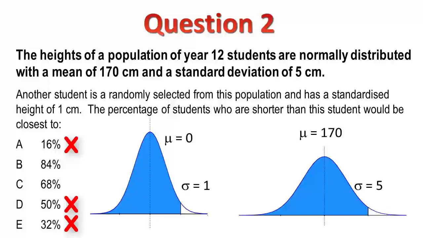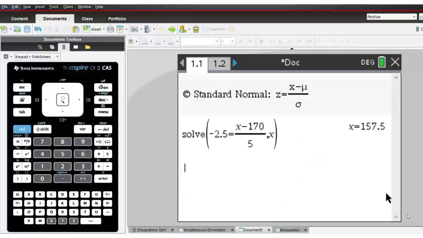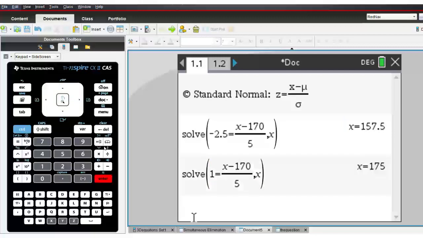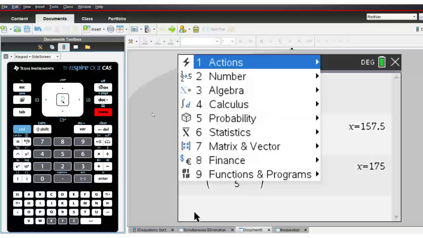Now there's a couple of ways we can do this calculation. I'm going to use my previous calculation and convert the standardized value of 1 into our population and see that the answer is 175. So I'm required to work out what proportion of our student population has a height less than 175.